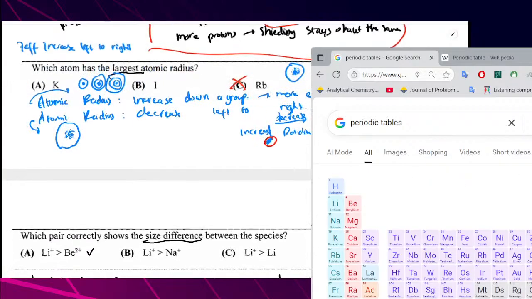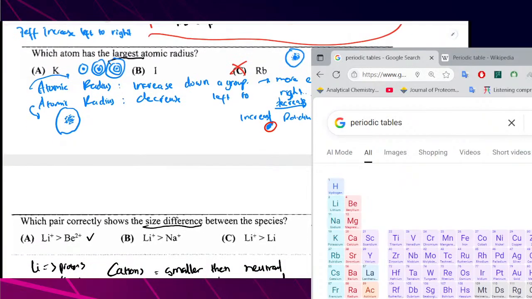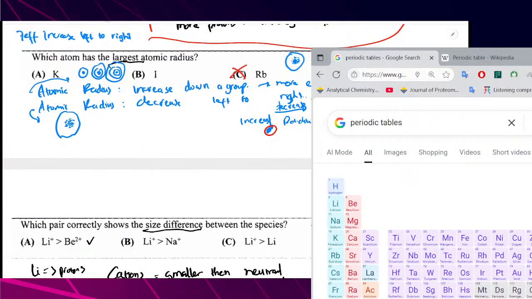And then the previous one is B, rubidium. Let me double check the answer. Which item is the largest one?